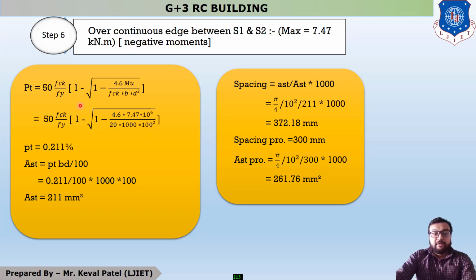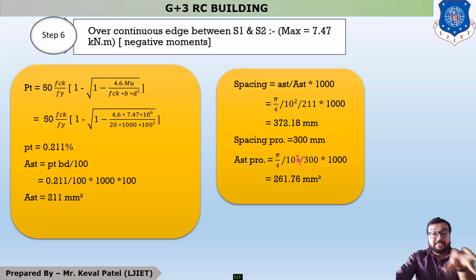So students, after putting all this value, we will get our answer of pt is equal to 0.211. After finding out the pt, the next step is to find out AST, after that spacing provided and AST provided. So this step remains the same for all the forces and all the pt and all the moments.